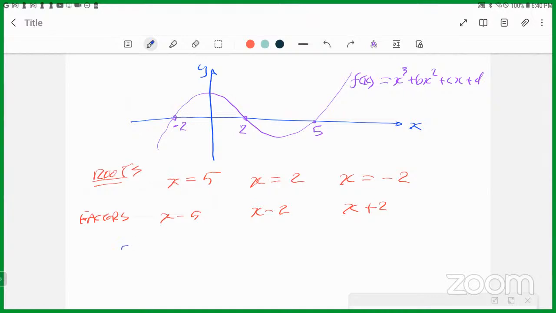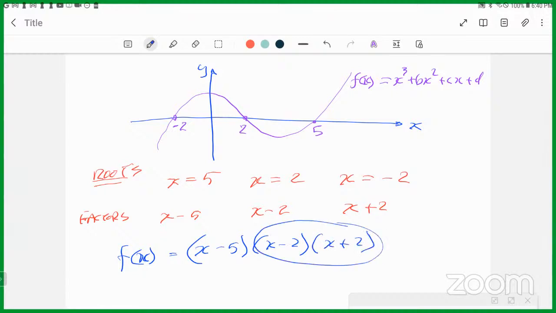And so f of x can be expressed as a product of these three factors: x minus 5, x minus 2, x plus 2. That's the difference of two squares, so it becomes x minus 5 times x squared minus 4.